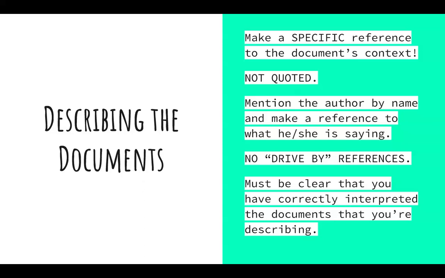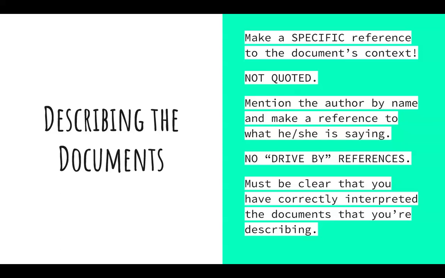Kind of the good way to do that is go ahead and mention the author by name. Say Tyndale is saying, right? William Tyndale, a Protestant reformer, is saying da da da da da, right? Don't do a drive-by reference. Don't make like a vague reference that doesn't mention the document specifically. Be specific. Give a specific reference.